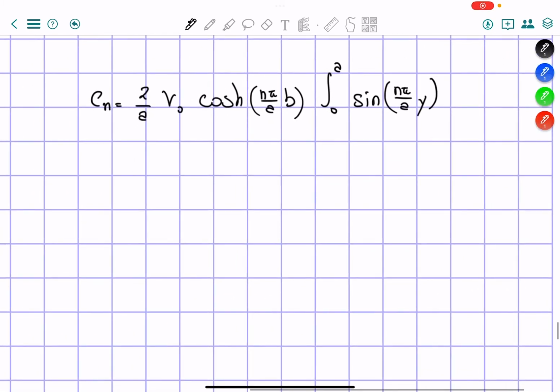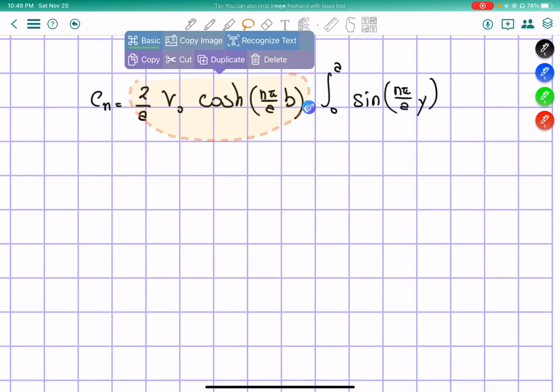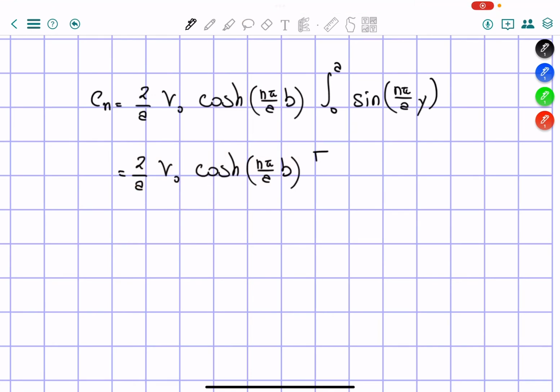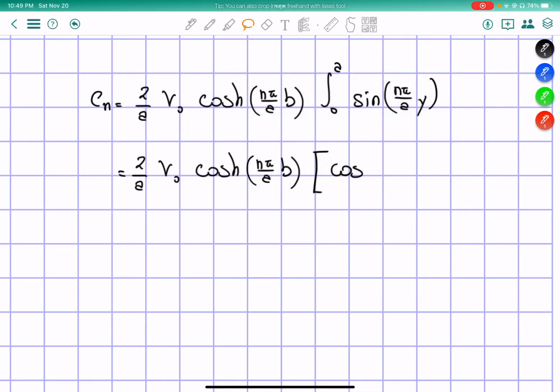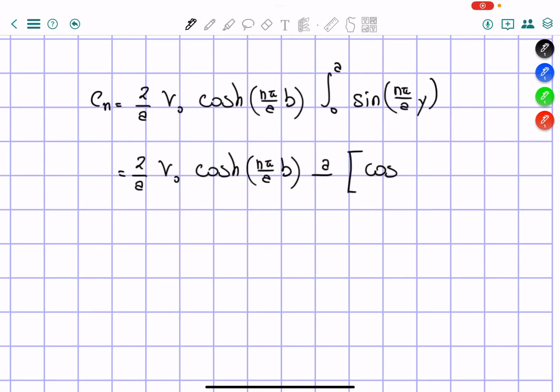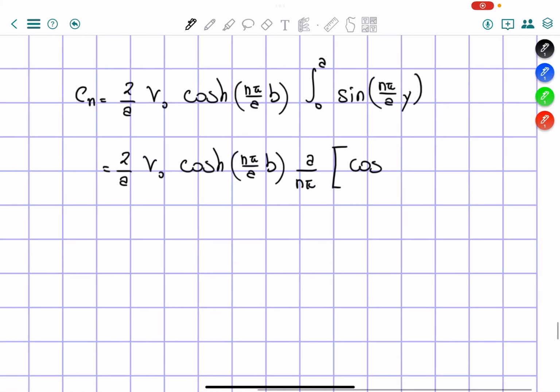Okay, so if we integrate this, the first part is going to be the same always, and we get a cosine. Actually, sorry, in front I would have to take out a over n pi, of course, times cosine of n pi over a times y, from a to 0.